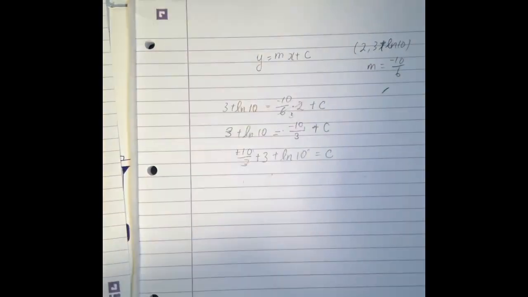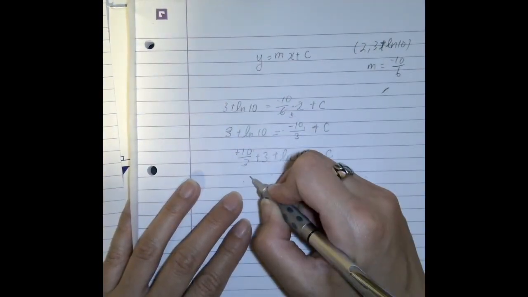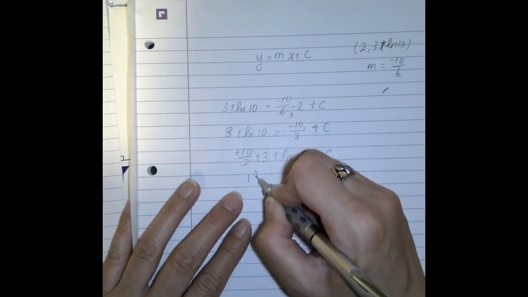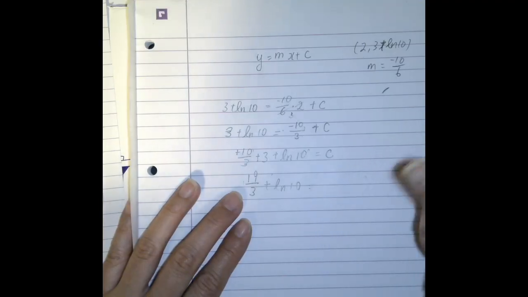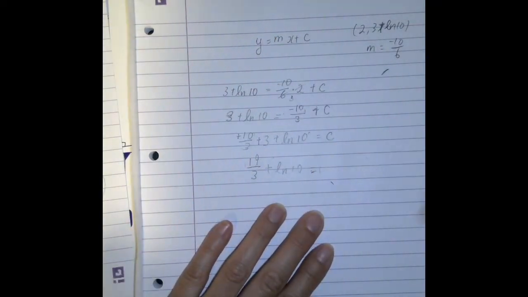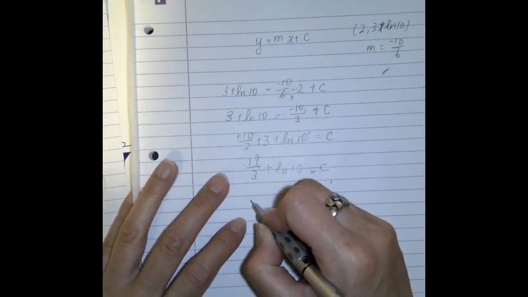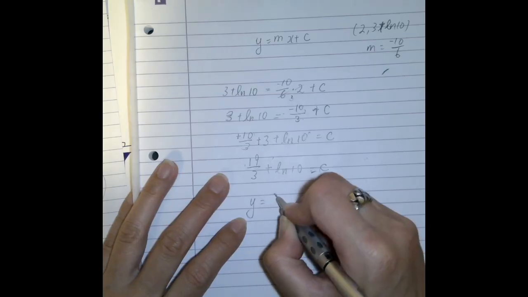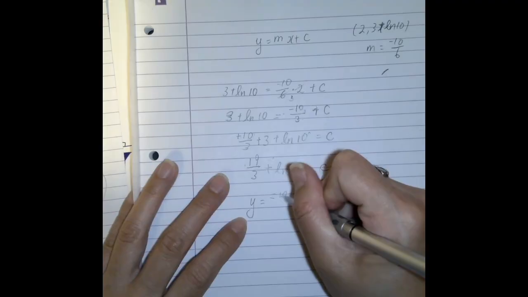So we got our c here. So 30. So 19 over 3 plus ln 10. Whoa, that was close. Otherwise, I would have to remake the video again. So then we will rewrite it. We will have y equals negative 10 over 6.